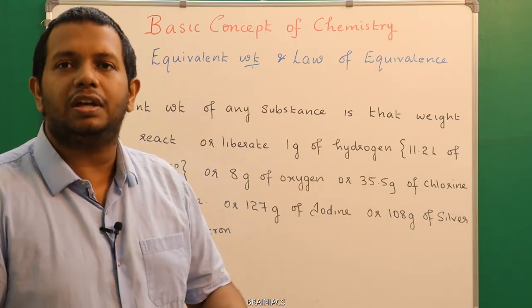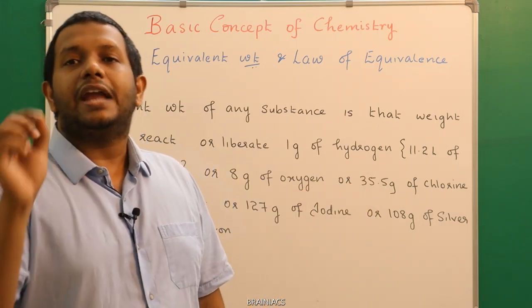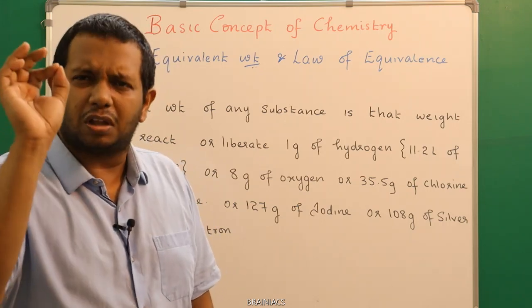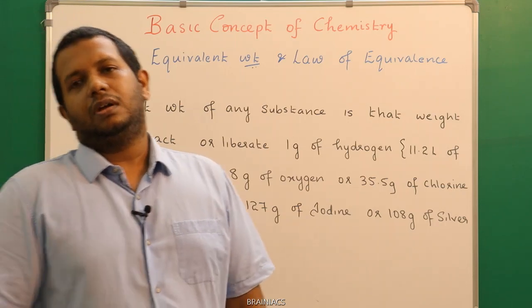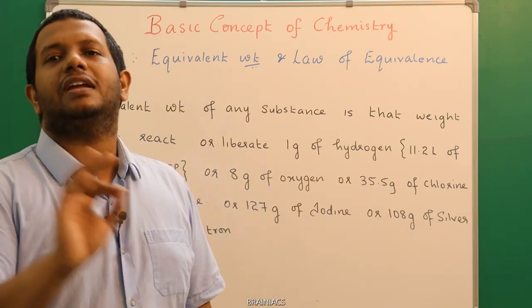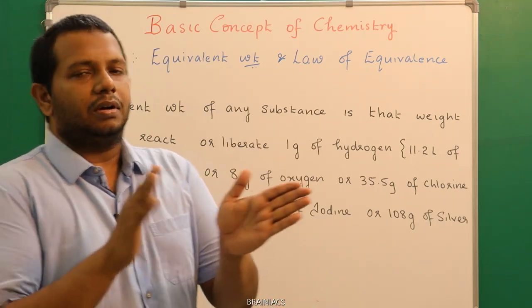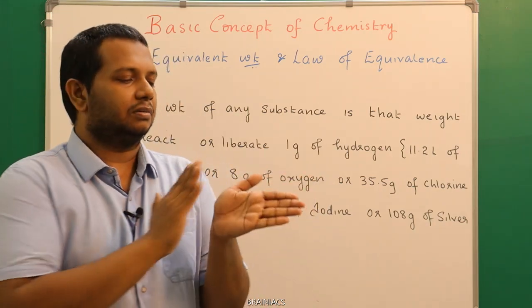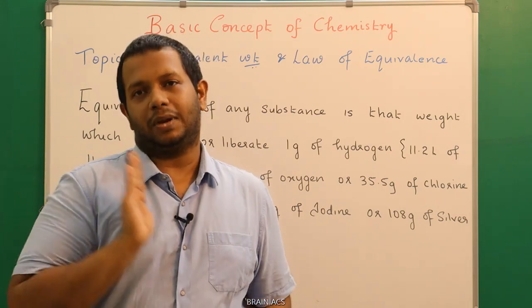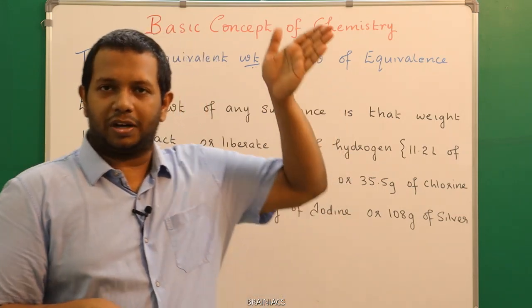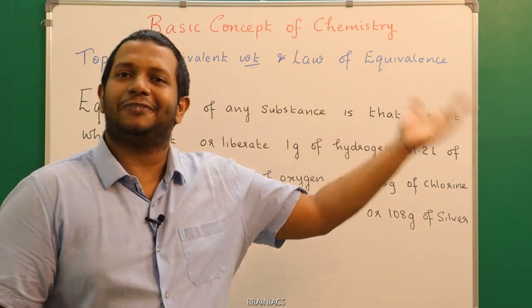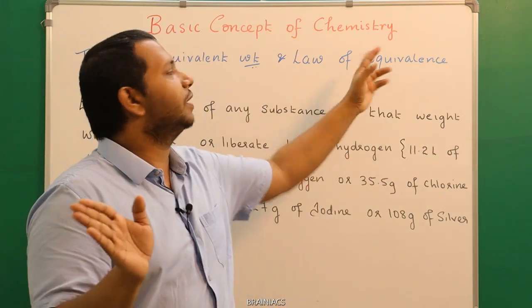Instead, we are using a concept called number of equivalence, or number of gram equivalence. Both are exactly the same. So either we can say number of gram equivalence, or number of equivalence. It is like sister and brother. Brother is number of moles, and sister is number of equivalence. Think like this: the stoichiometric method is my father, and the law of equivalence is my mother.